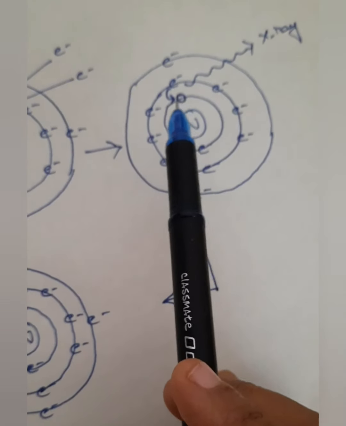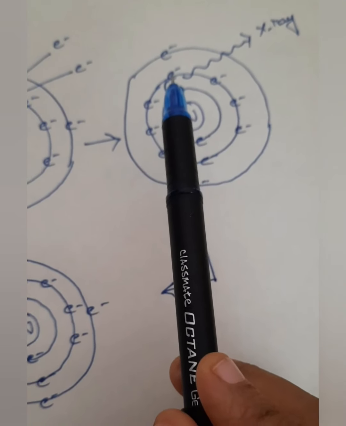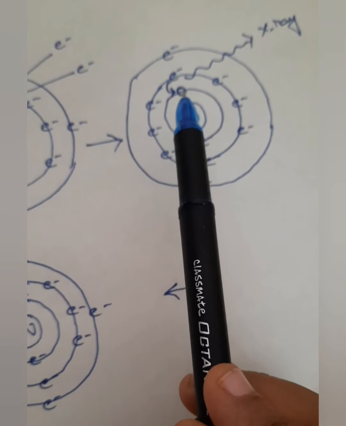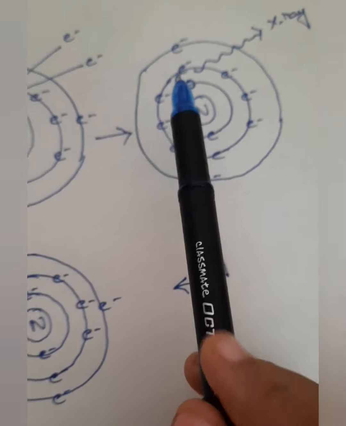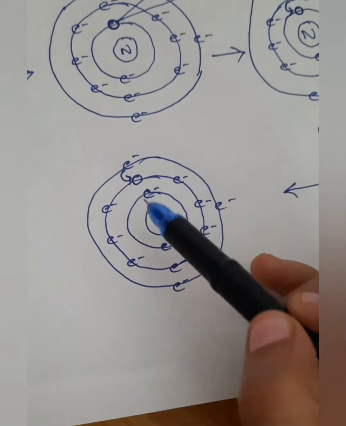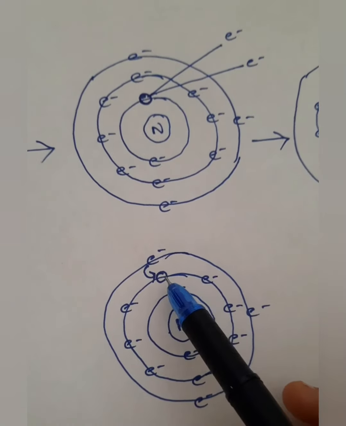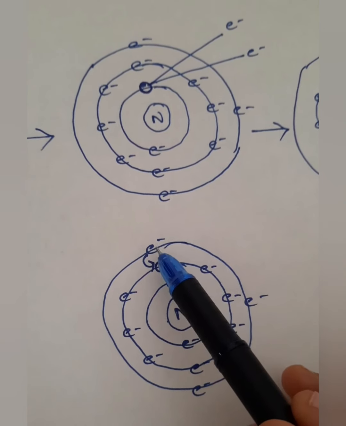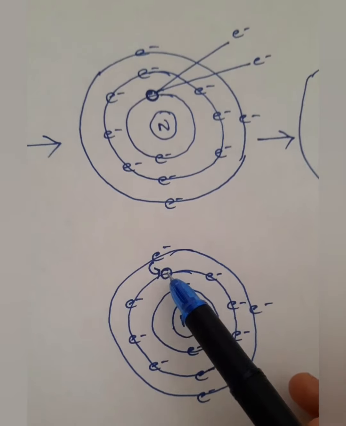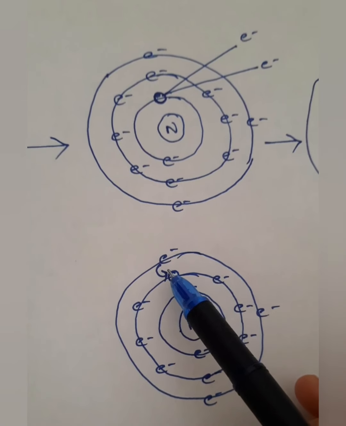Now if we see this, the electron from the L shell moves to the K shell. Now a vacancy is generated in the L shell. Now this vacancy in the L shell is filled by the electron from the M shell. So this process continues.